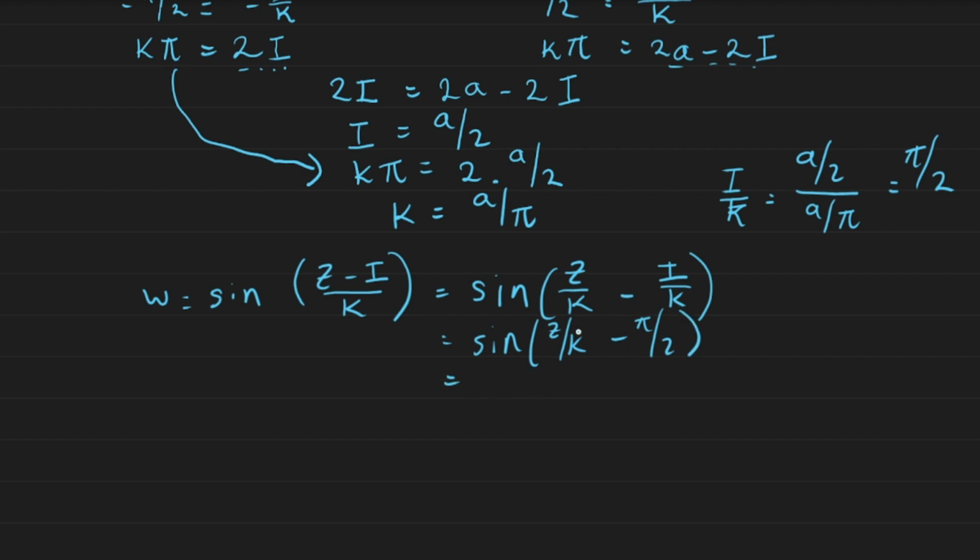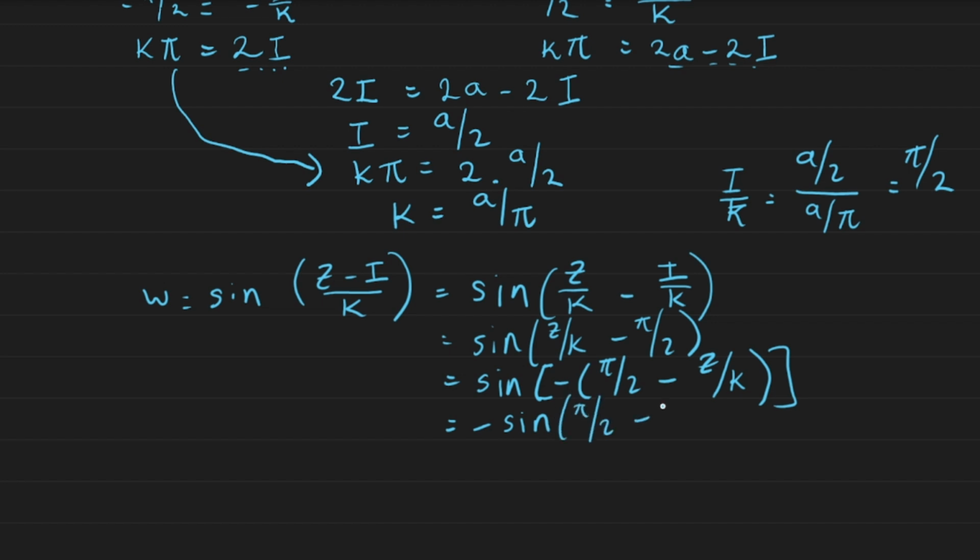So we're just going to bring this pi over 2 to the front and change the sign. So we have sine of minus (pi over 2 minus z over k). So sine of minus the angle is just minus sine of the angle. So we have minus sine of (pi over 2 minus z over k). So trigonometric identity, sine of 90 minus theta is equal to cos of theta. We use that.